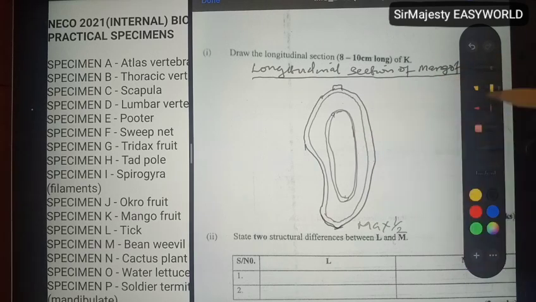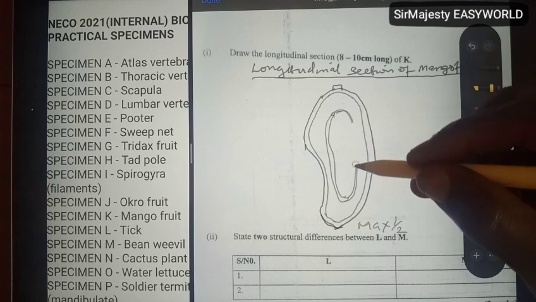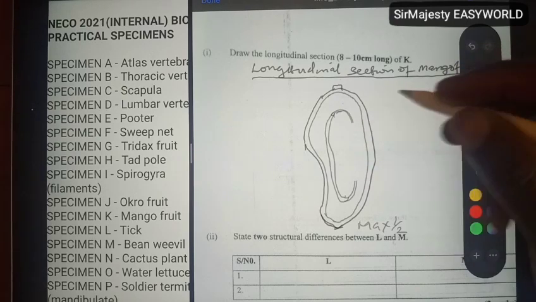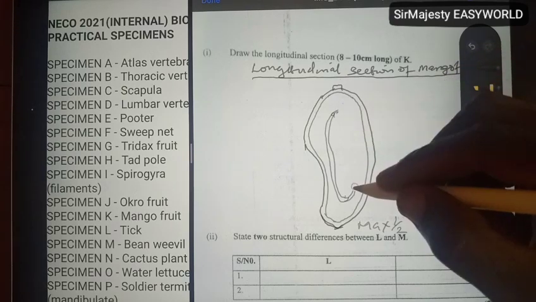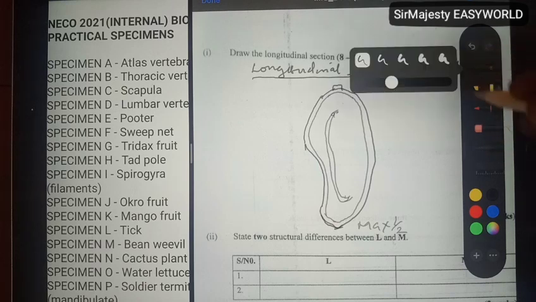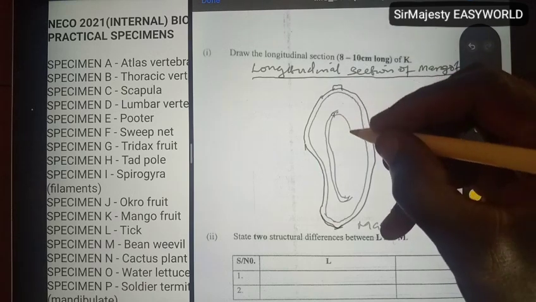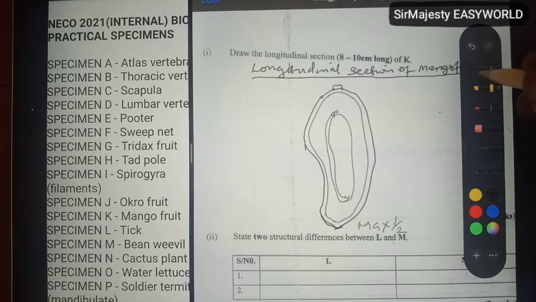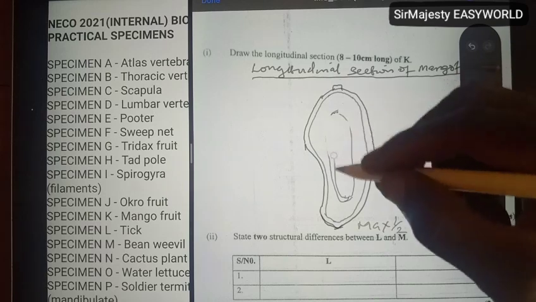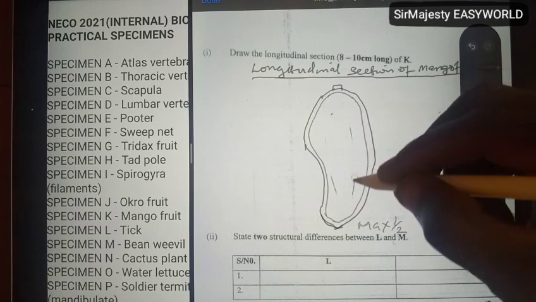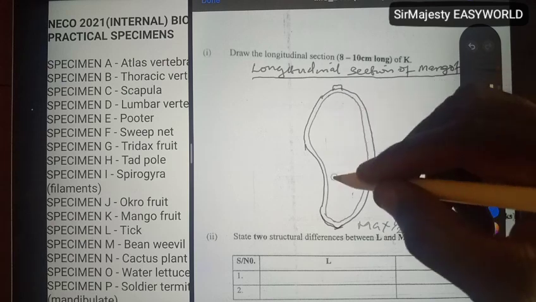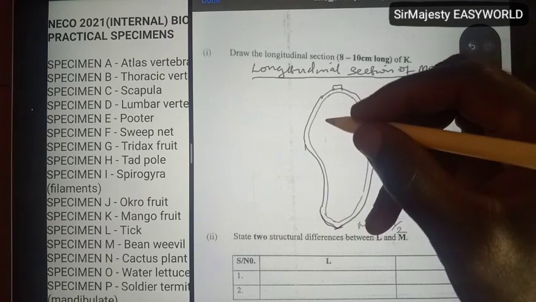You know, my lines ran together, so I'll probably clean off. Let me perfect my drawing. Nothing wrong with it, but let me make it look perfect. Neat drawing has its extra mark.